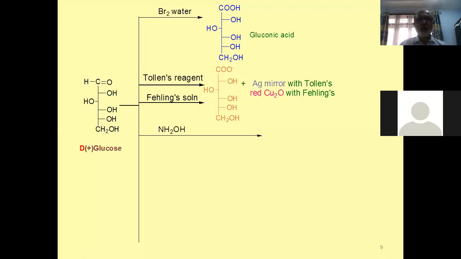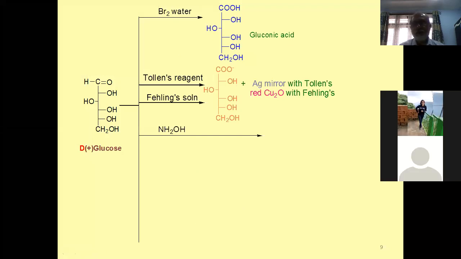Another reaction because of the carbonyl group: NH2OH. What is it going to do? Tell me, somebody. NH2OH, what reaction is it going to do? What is it going to give us?